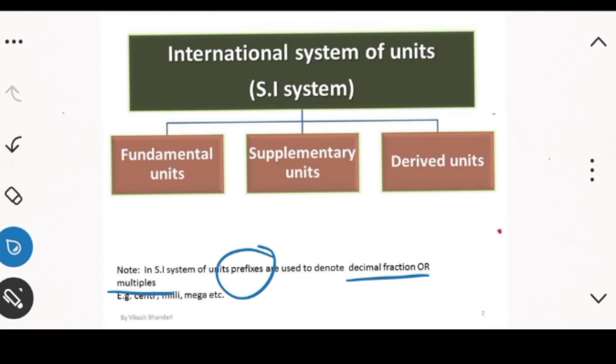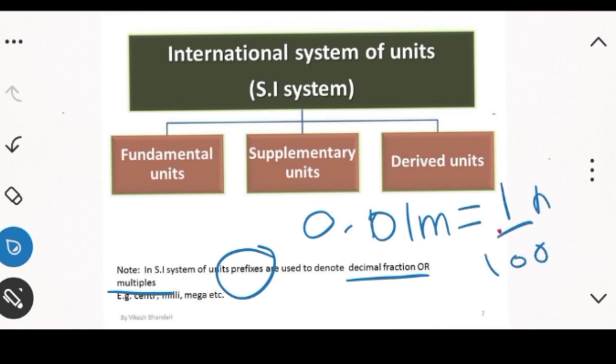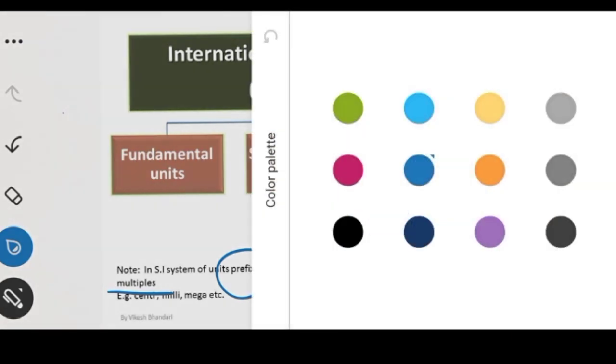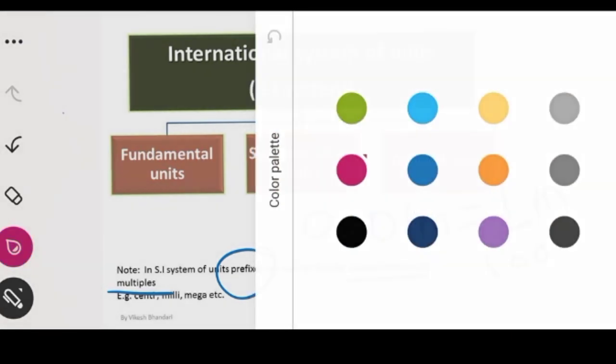For example, we are going to represent 0.1 meter, or else 1 by 100 meter. Sorry, it is a decimal fraction.